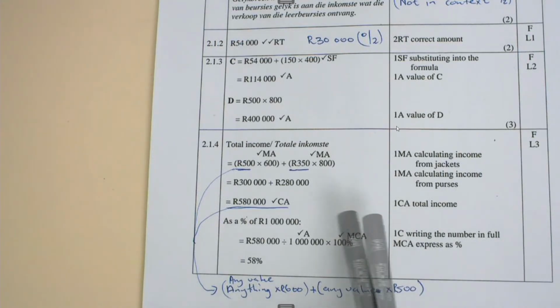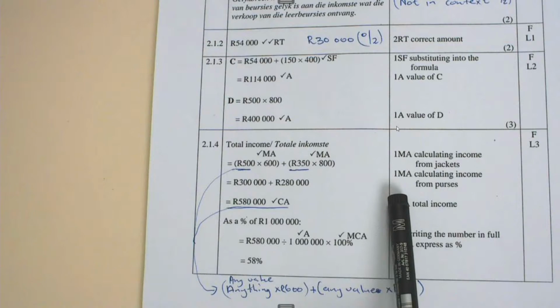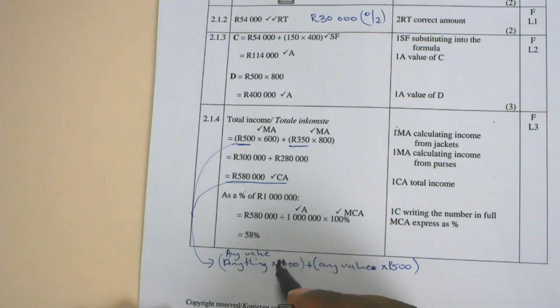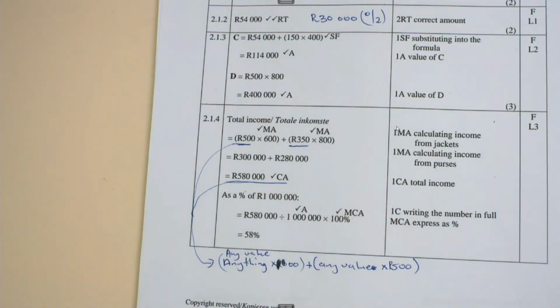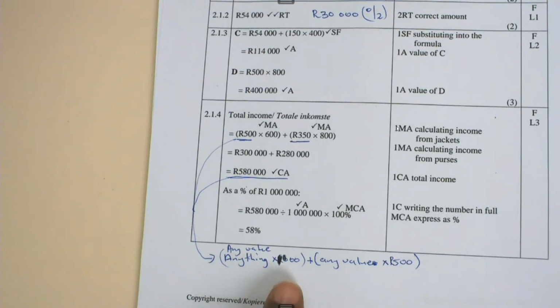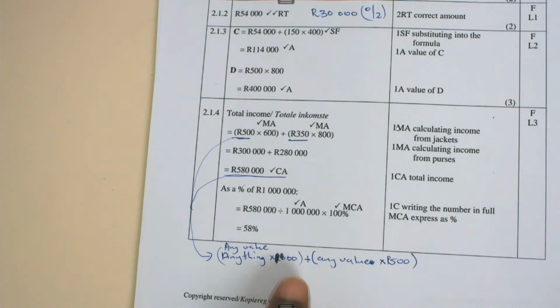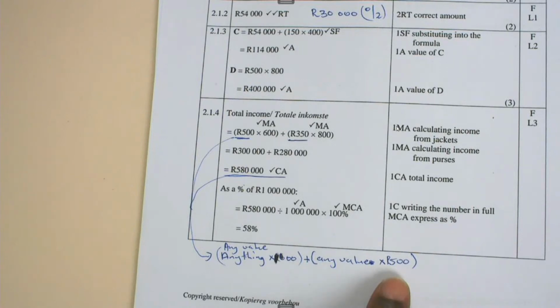Now, when you see A, the total, any value is multiplied by 600, not 600 rand, by 600. And any value multiplied by 800.